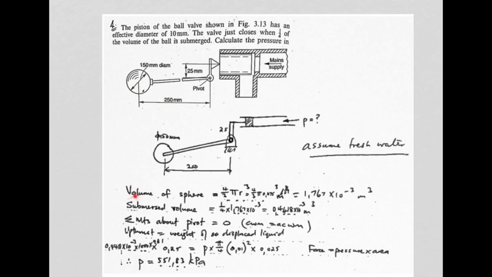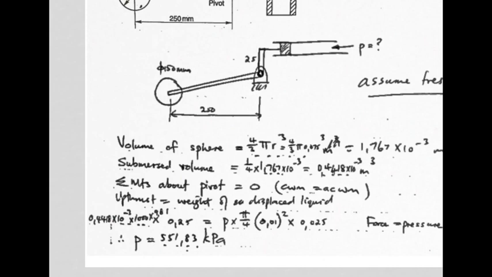First of all, what is the volume of a sphere? Well, 4 over 3 pi r cubed is the formula for volume of a sphere, and a quarter of that would be 0.4418 times 10 to the minus 3 cubic meters. Next, we take moments about the pivot, that's this point over here. Clockwise moments equal to anti-clockwise moments.